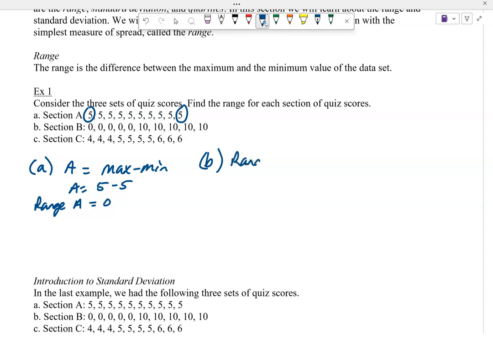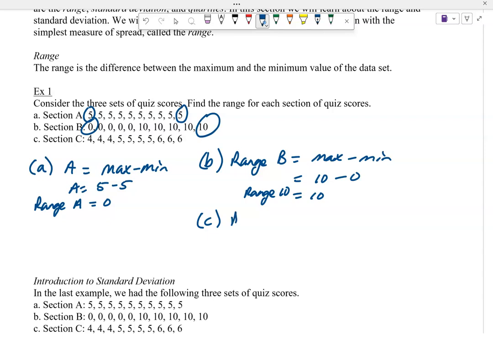For B, our max minus the min, our max is 10, our minimum is 0. So we just have a range of 10 on that. On C, our max is 6, our min is, I'm sorry, it's 4. So we have a range of 2.